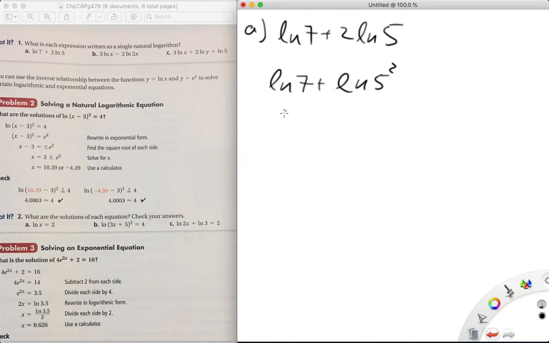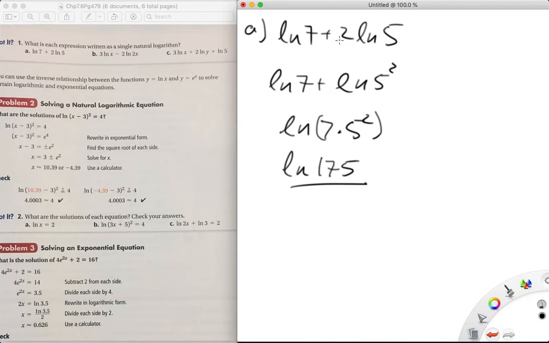Then I can say ln of 7 times 5 squared, and that's 25 times 7. I could say that it's ln of 175. There's one natural logarithm. So the same thing that I've done with logs, I can do with ln. The same properties apply.